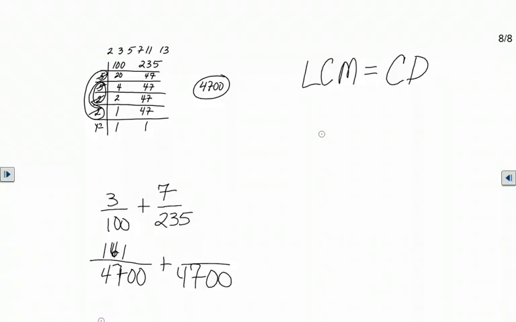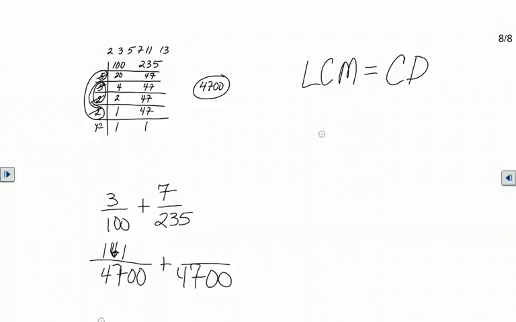Okay. How many times will 235 go into 4,700? Oh my. We got to think. Where's 235 up here? Well, 235 is 5 times 47, right? So how many times will 235 go into 4,700? How many times? 50 times, Hubert. Yeah, that's right, class.